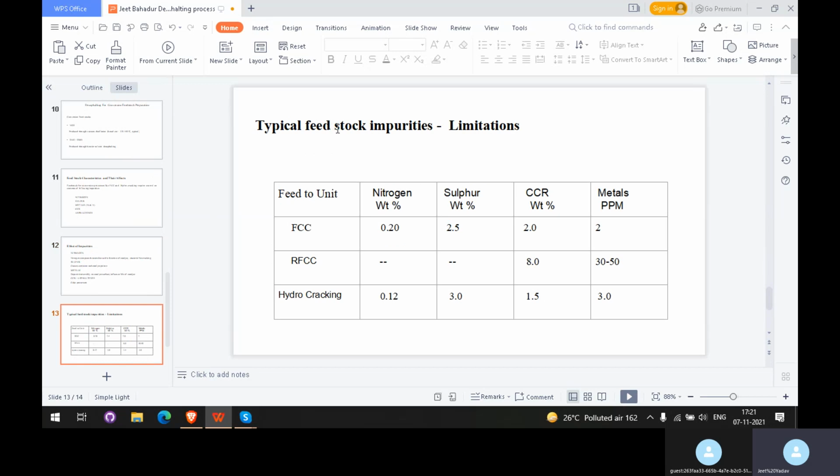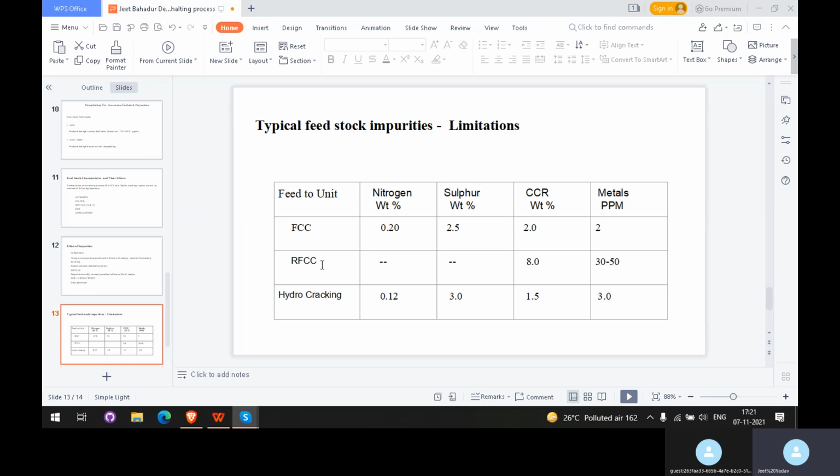Further, we have typical feedstock impurities, like feed-to-unit ratio, in which we have nitrogen, sulfur, CCR, and metals. In the FCC, we have 0.20 weight percentage of nitrogen, 2.5 weight percentage of sulfur, 2.0 weight percentage of CCR, and 2 ppm of metals. These are the impurities found in the FCC.